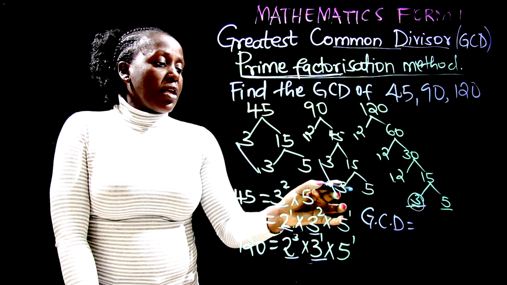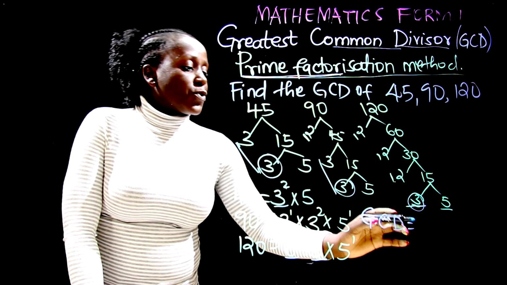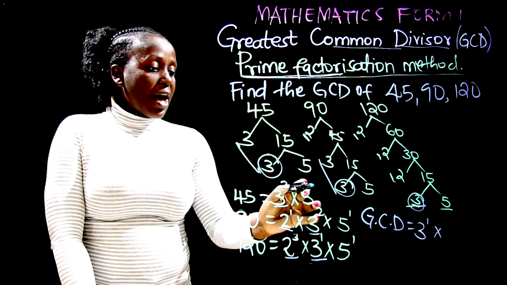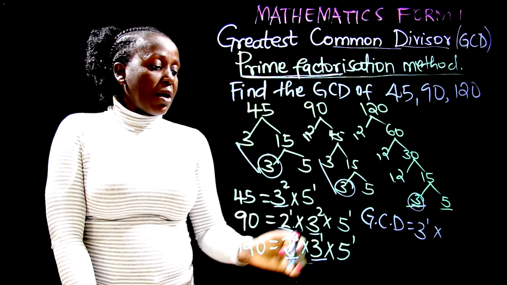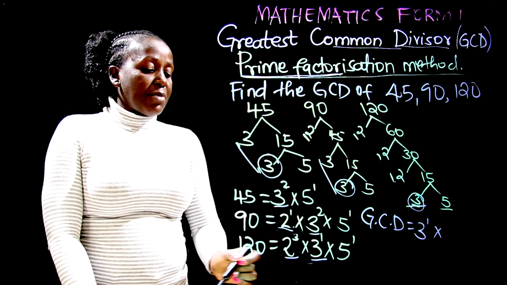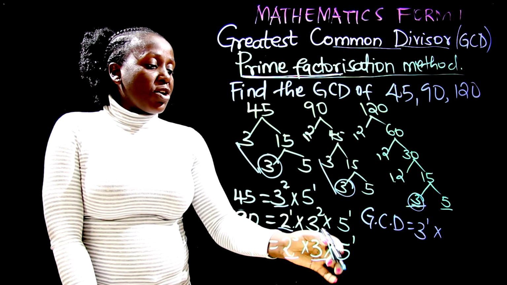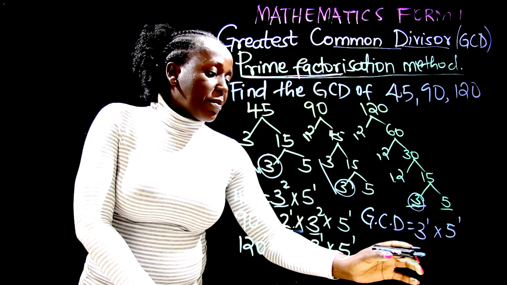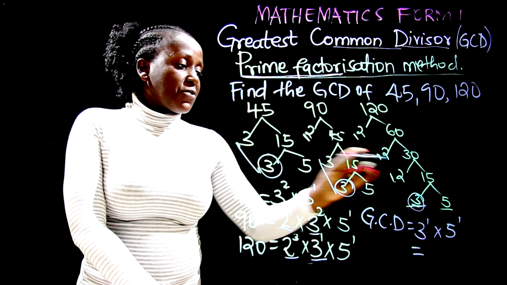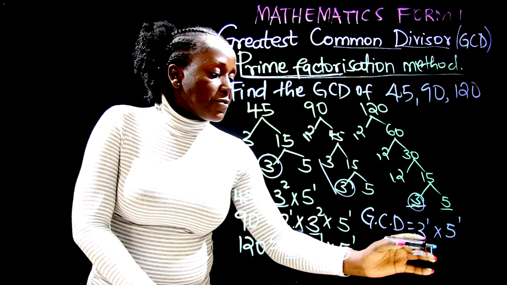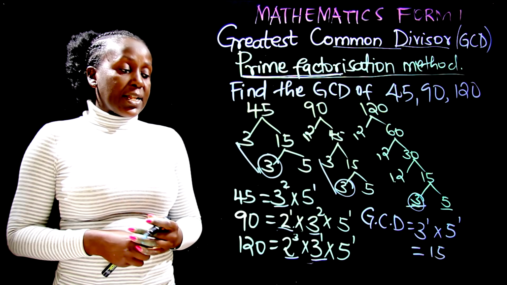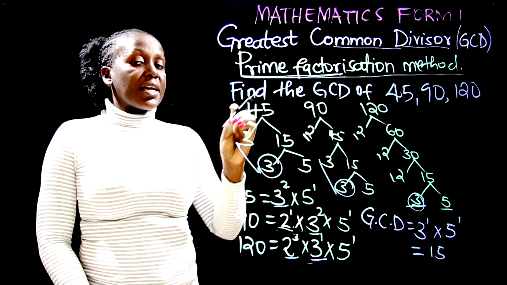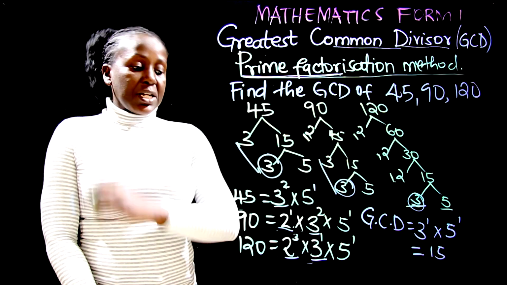Therefore, the 1 3 is the one that is common. So 3 power 1 times 5. We have 5 power 1 here, 5 power 1 in 90, and 5 power 1 in 120. So the common factor there is 5 power 1. Now multiplying these two, we have 3 times 5, which is equal to 15. Therefore, now we can say that the GCD of 45, 90, and 120 is 15.